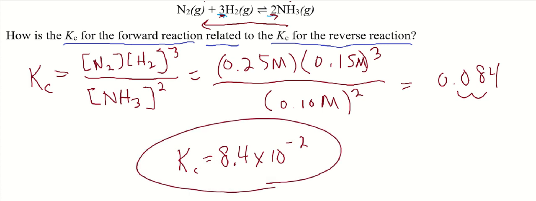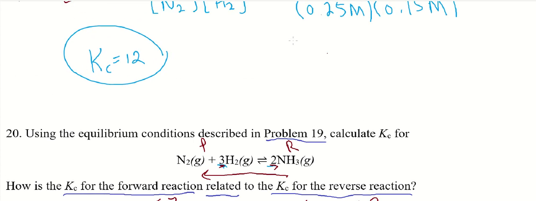Now, how are they related? Like I said earlier, they're just inverses of each other. In other words, if you put in your calculator 1 divided by the answer we just got, it'll give us the answer to problem number 19, which was 11.85.